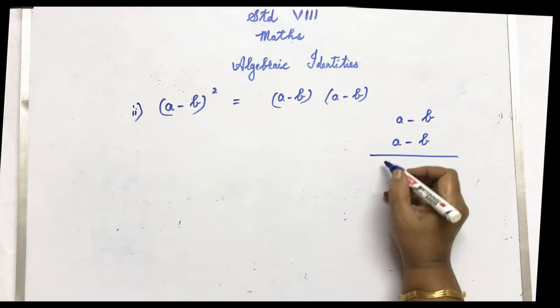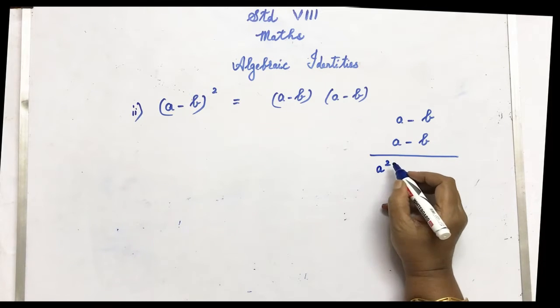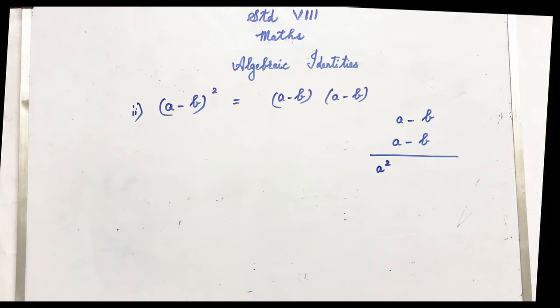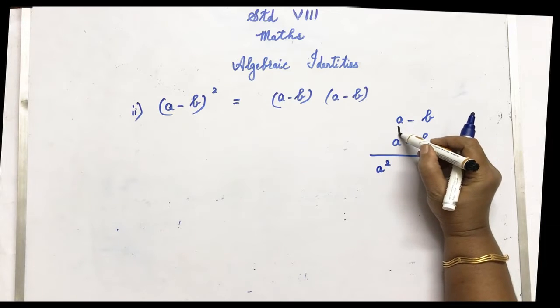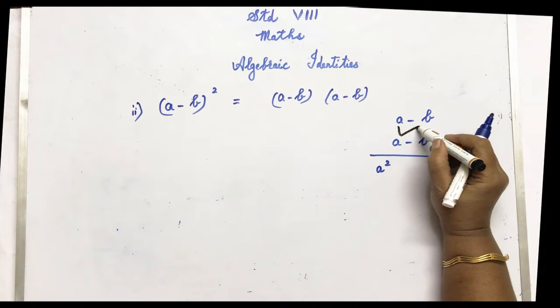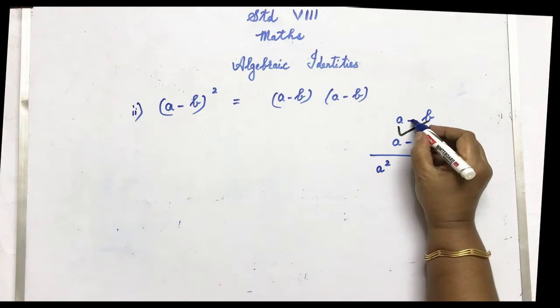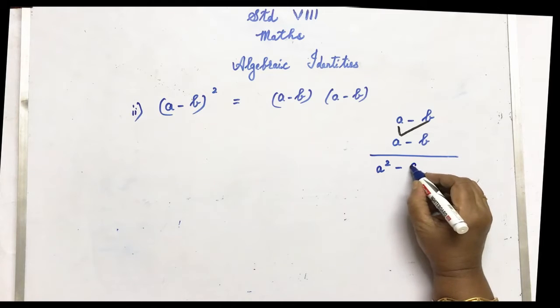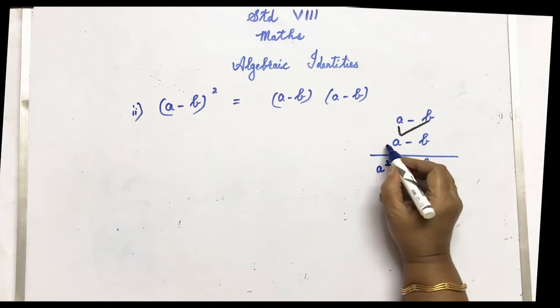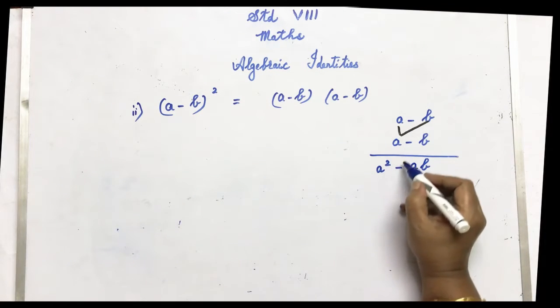So a into a is a squared. Next we multiply a with b. a into b is ab, and here we have a minus sign, so we write minus ab, because plus into minus is minus.